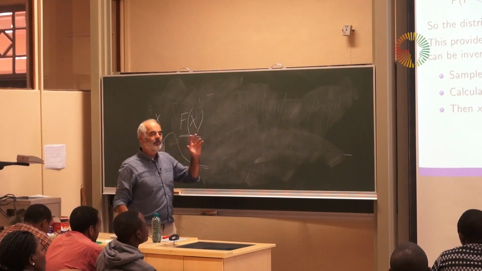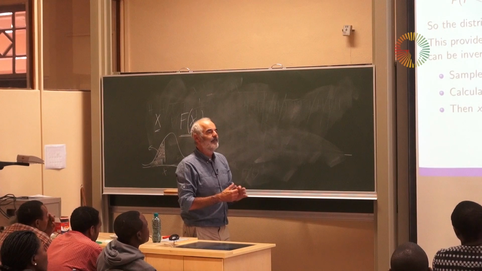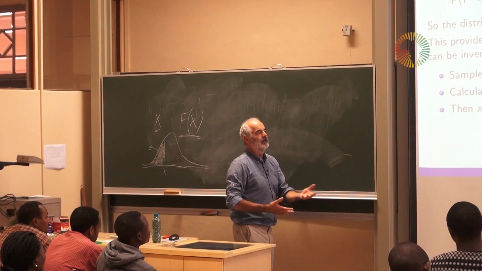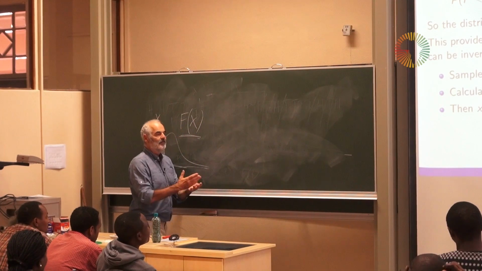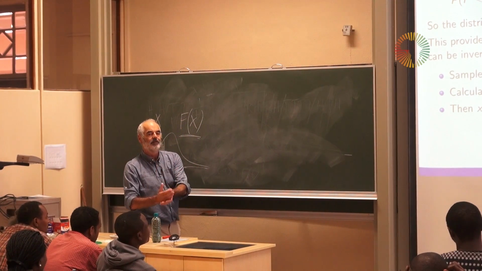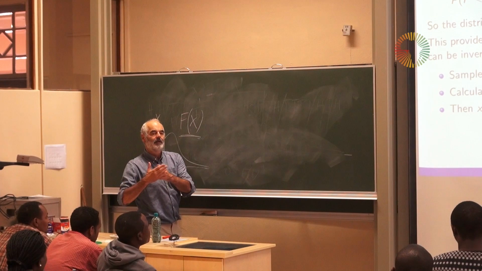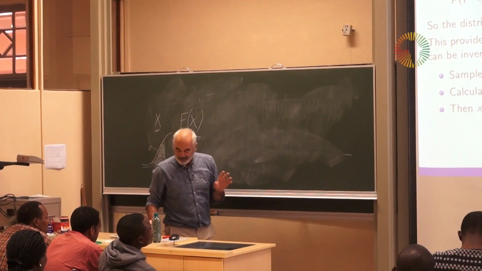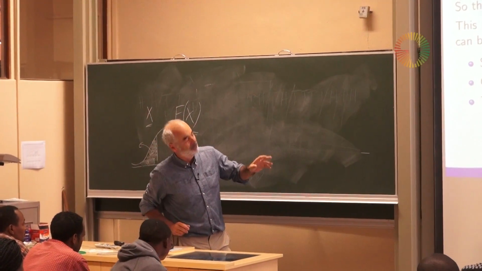It says that anybody is equally likely to be on the first percentile, the second percentile, the third percentile, the fourth percentile. Those are all equally likely.